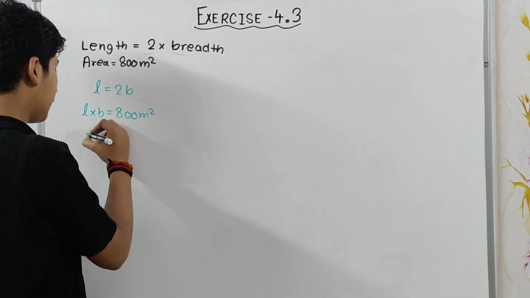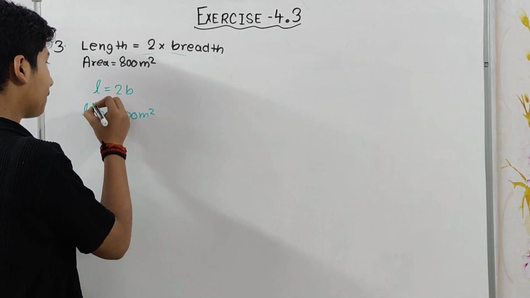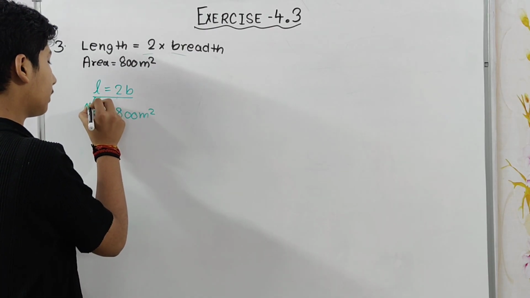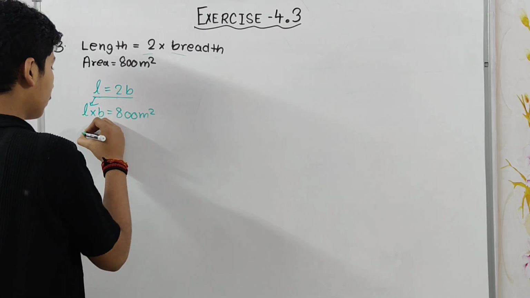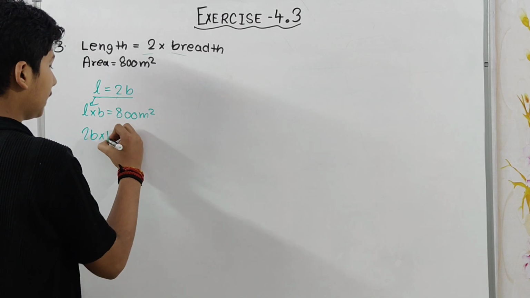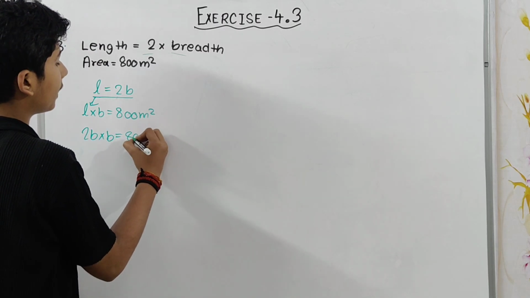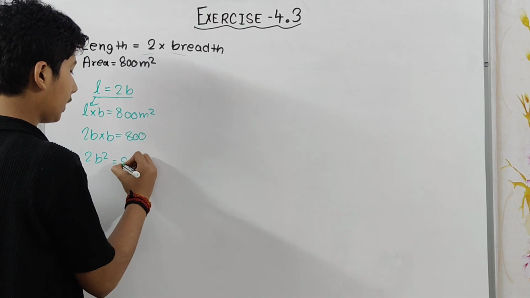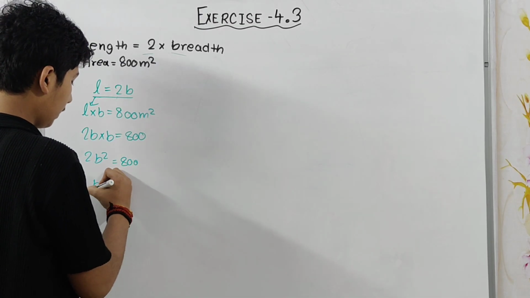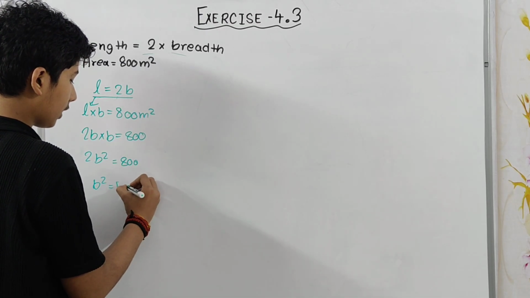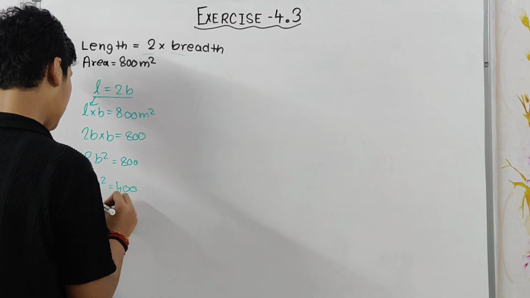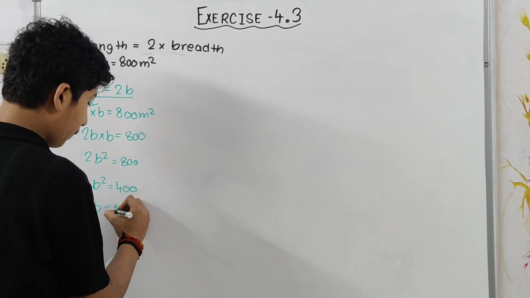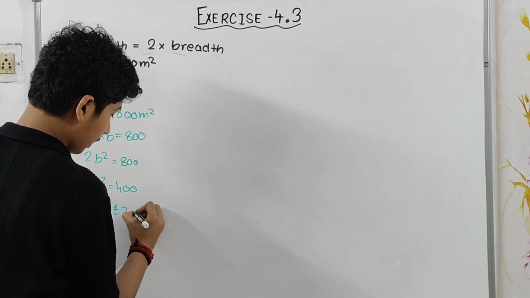now here it is given to us that L equals 2B, so we'll put this value here. So 2B into B will be equal to 800. 2B square equals 800. B square equals 400. So B is root 400, which is plus minus 20.